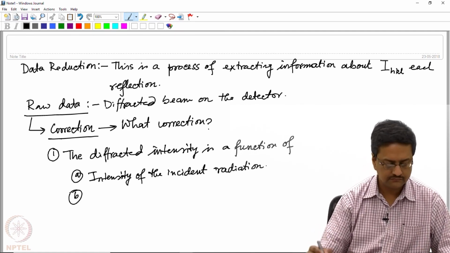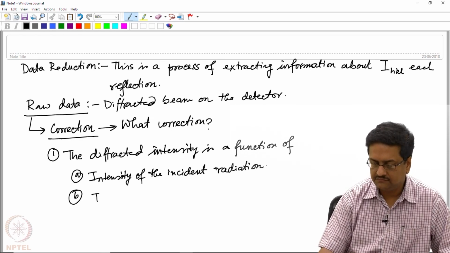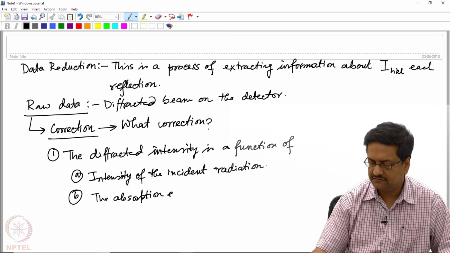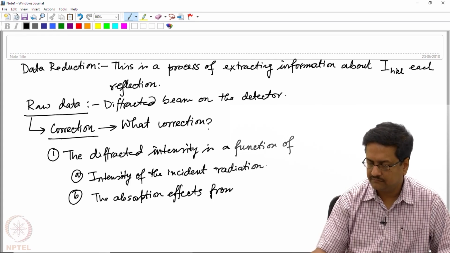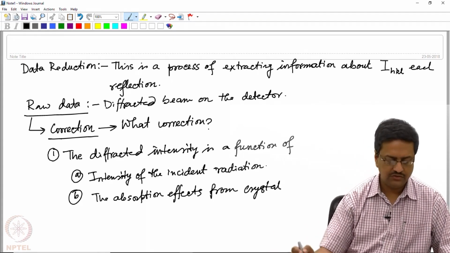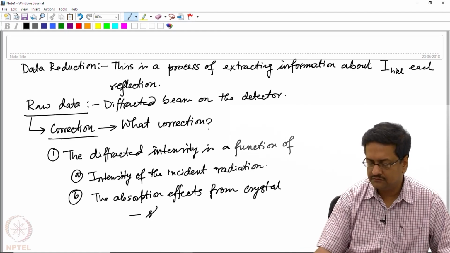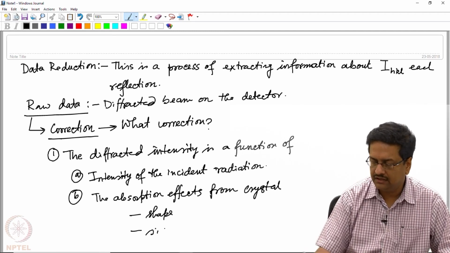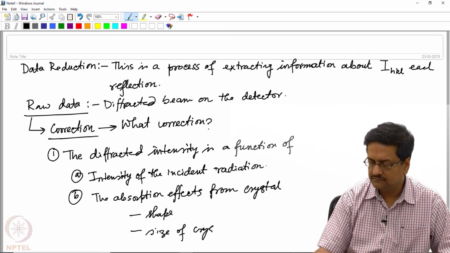B, the absorption effects from the crystal due to the shape and size of the crystal.